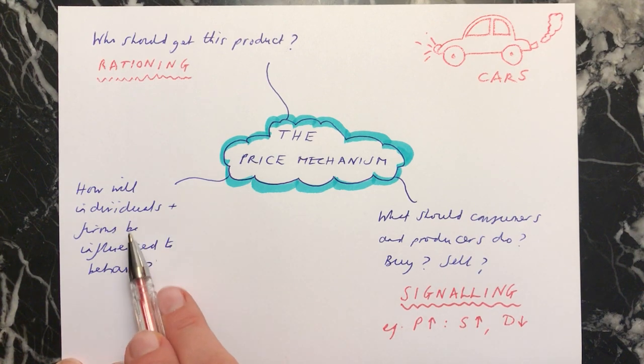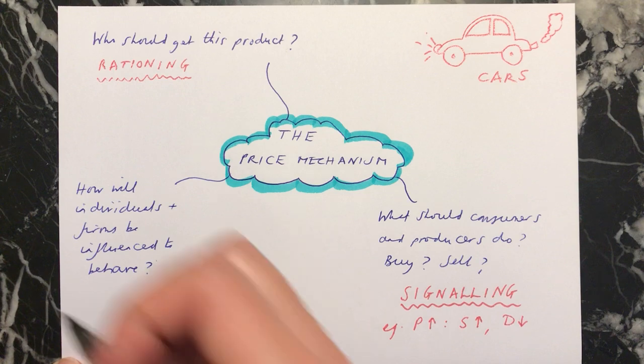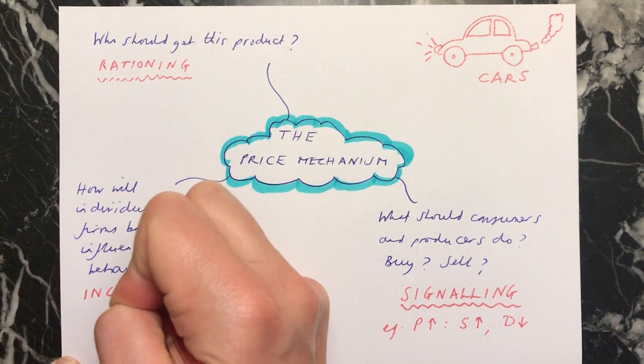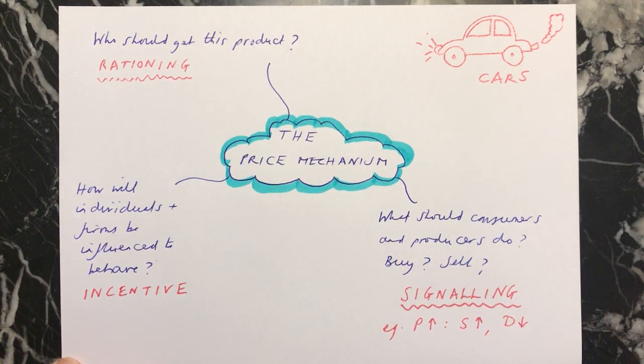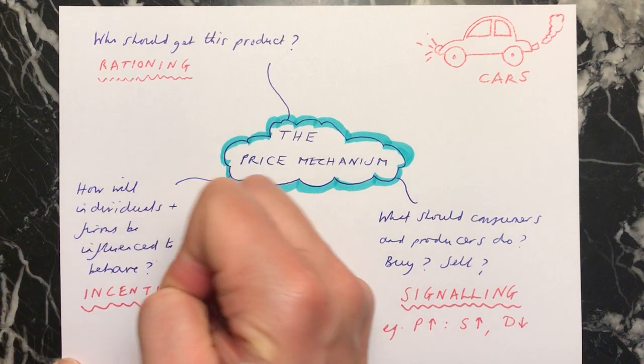Finally, how will individuals and firms be influenced to behave? This is a bit like signalling, but this is the incentive or the benefit that they're going to get from something. And they will have an incentive to behave in a certain way.